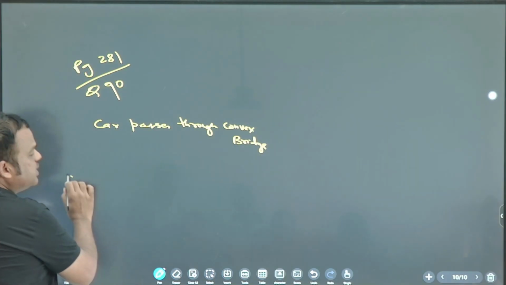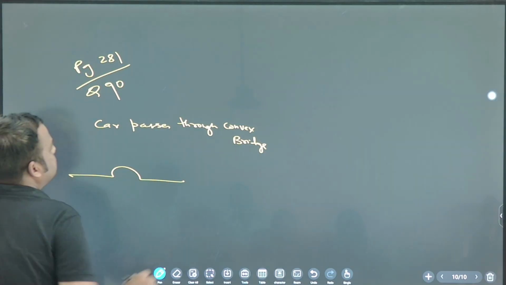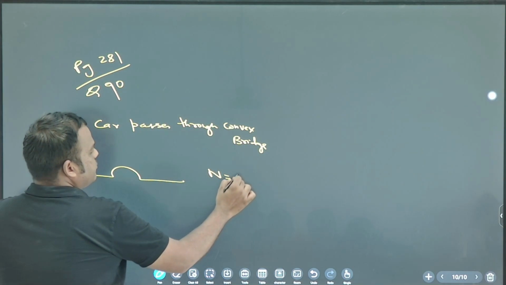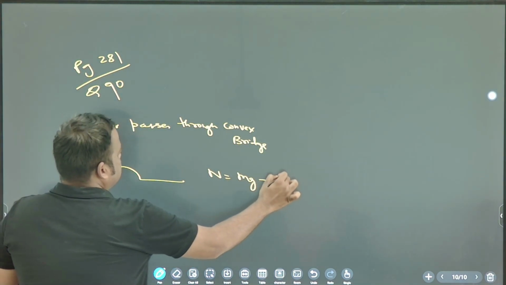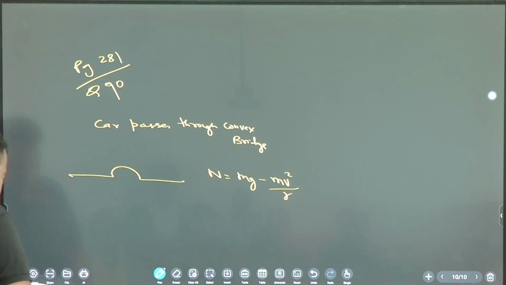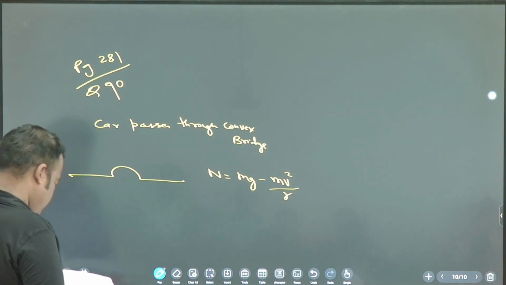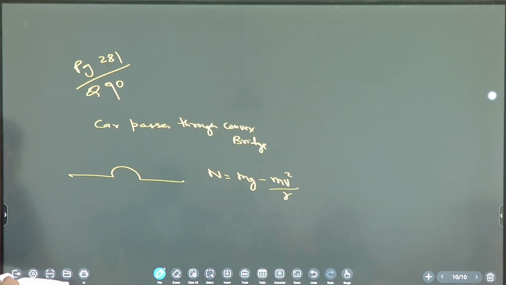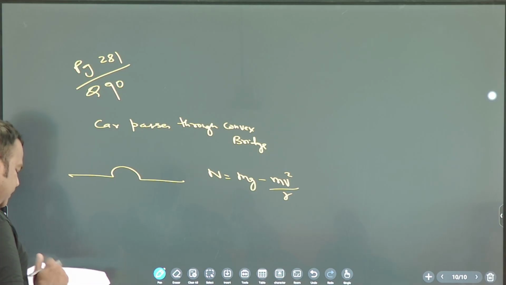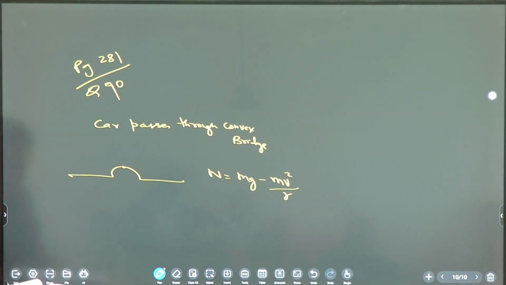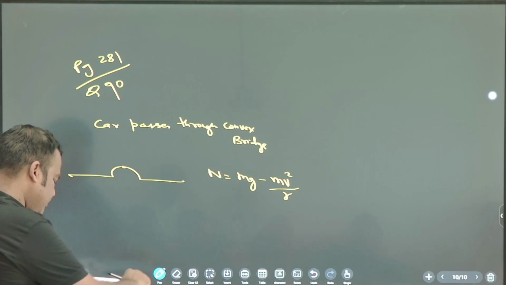So convex bridge means like this. So what is the formula for normal? Mg minus mv square by r. So what is the correct option? Tell me. C option, correct. Car passes through convex bridge with speed v, exerts force on it at the topmost point. So normal value.